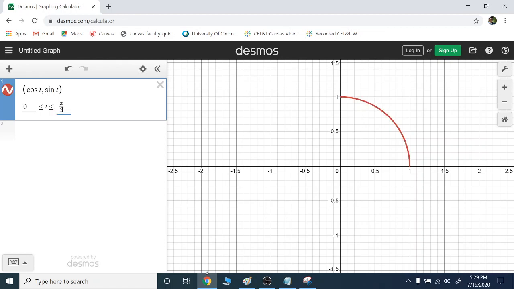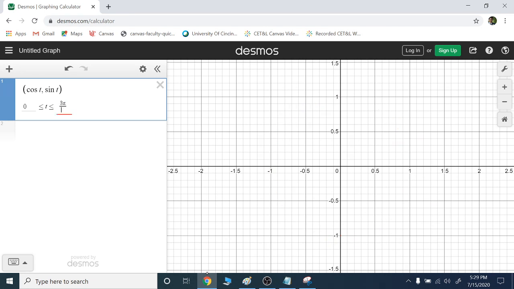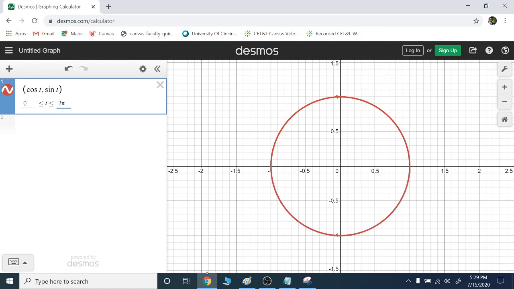And likewise it will keep on increasing, and if it is 3 pi by 2, you will get 3/4 of the circle. If it is pi, you will get the half circle, and at 2 pi, it will complete the full circle.